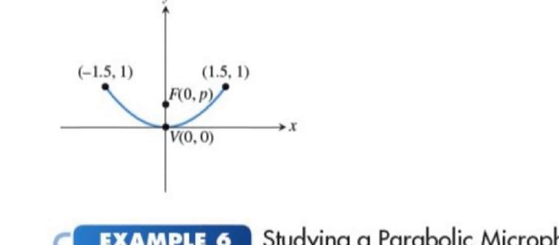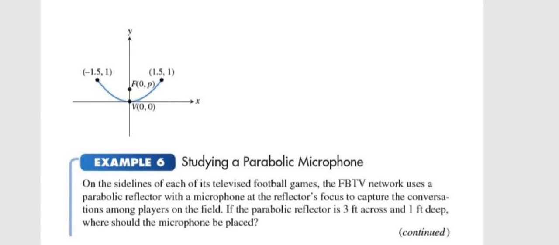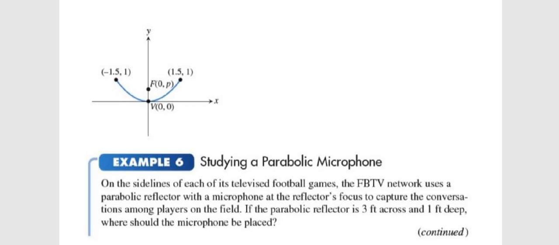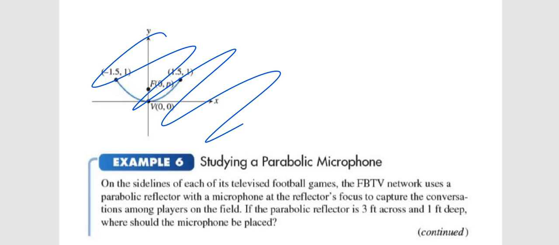So all different sorts of applications. Here's example 6. You've got this parabola. If you're reading through the story problem, I included the picture for you to help you. On a test, we might not show you this picture. There might not be any picture at all, just the story problem.